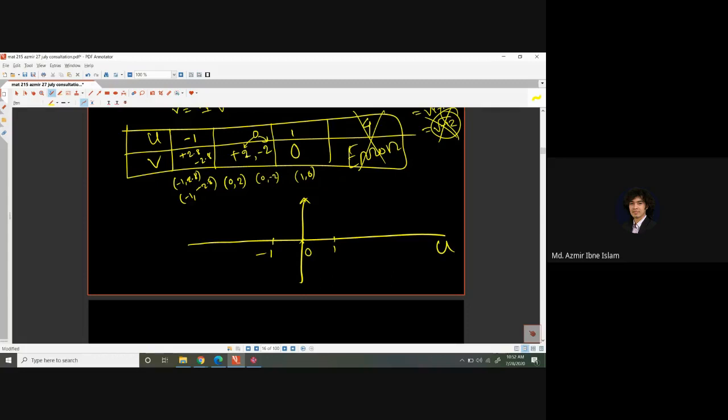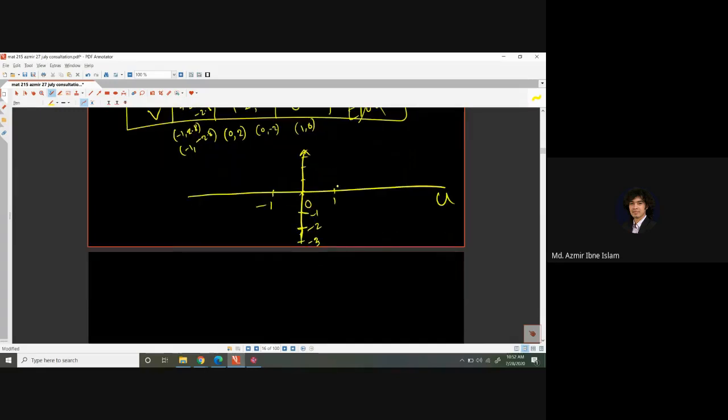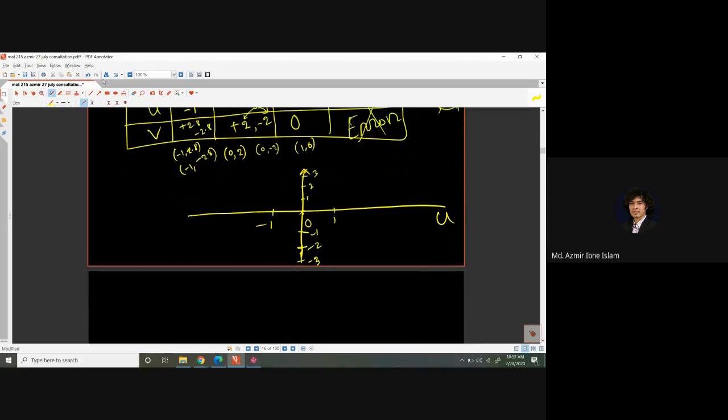We can see +2, -2. So let's say this is 1, this is 2. So -1, -2, -3, +1, +2, +3. Now it is time to locate the points.